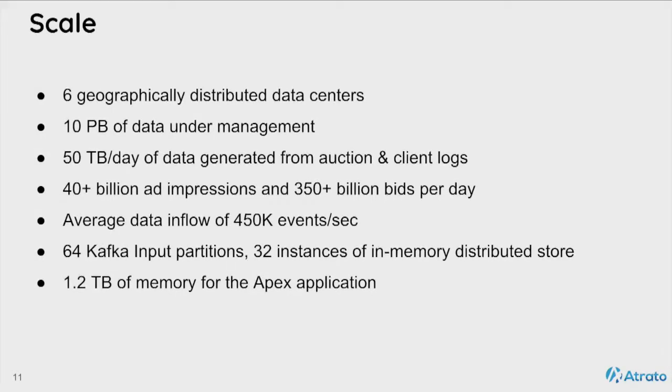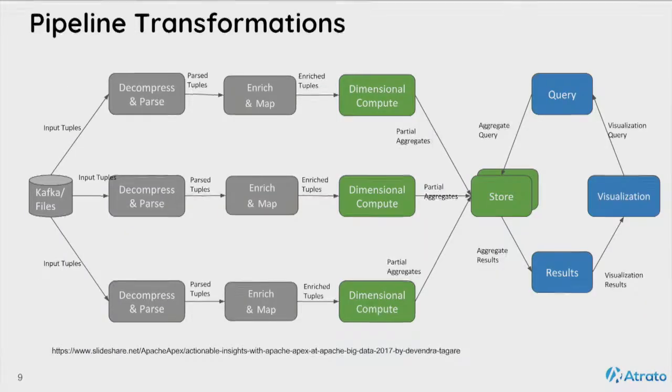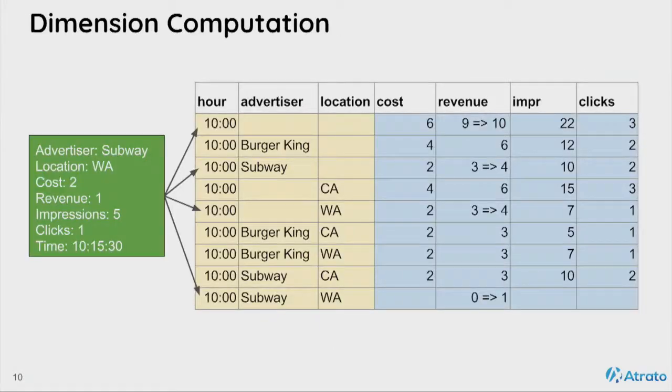And that maps to an approximate throughput rate of 450K events per second. The picture that I showed earlier actually has 64 instances of those parallel pipes that do the processing from Kafka, and 32 instances of the store operator that maintains the data by key in memory.